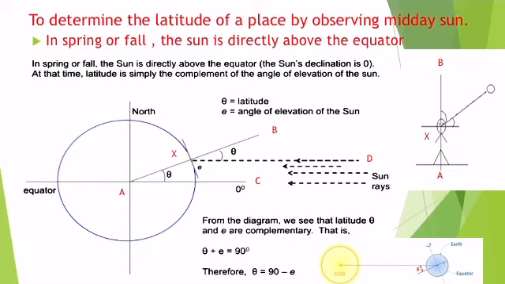X, D, right? And E is nothing but the angle of elevation, and this is the latitude, right? So this is how we can find out the latitude of a place by observing the midday sun.